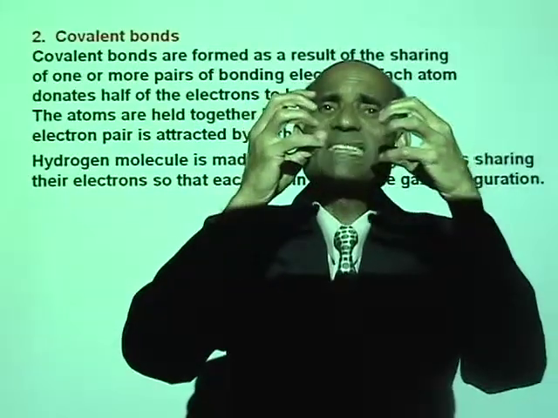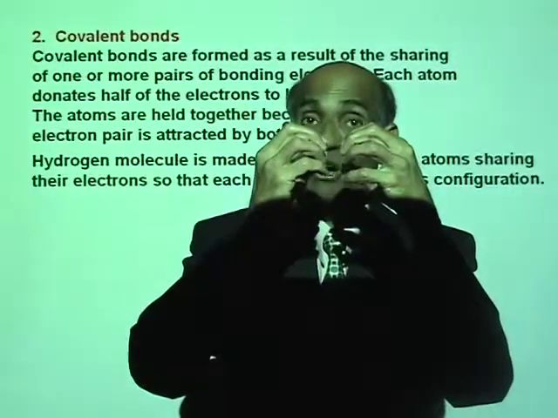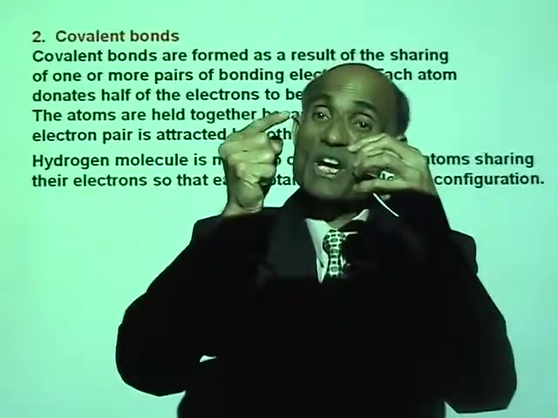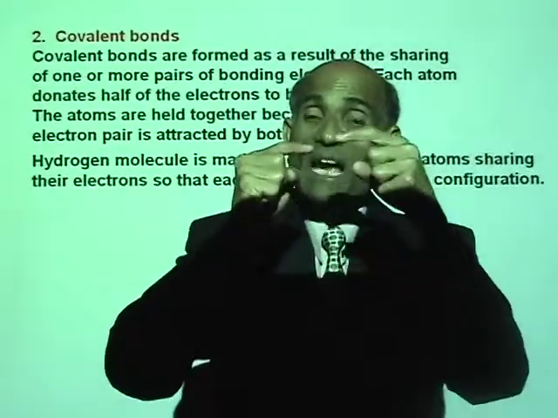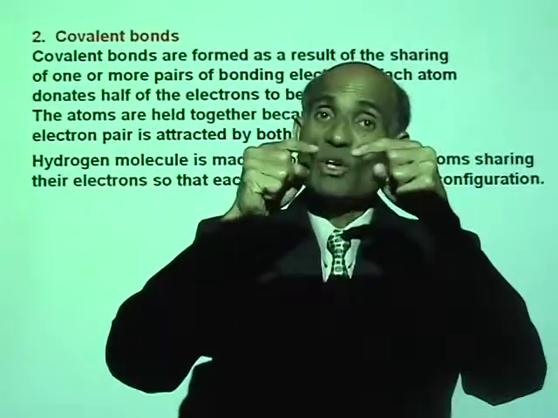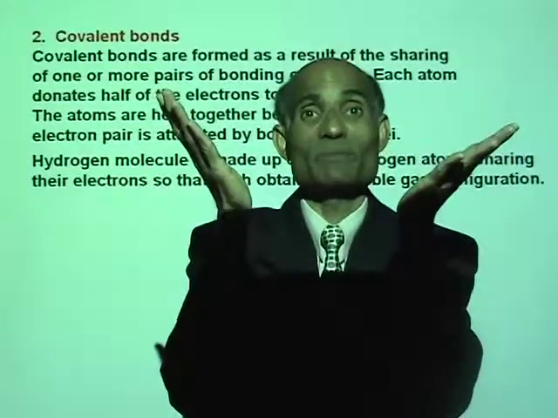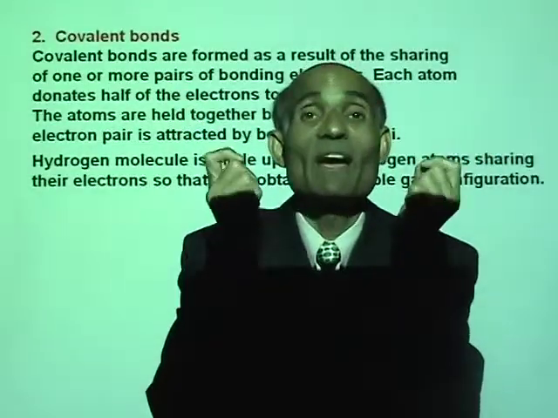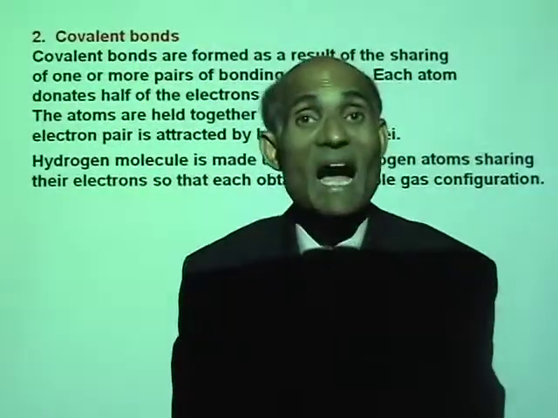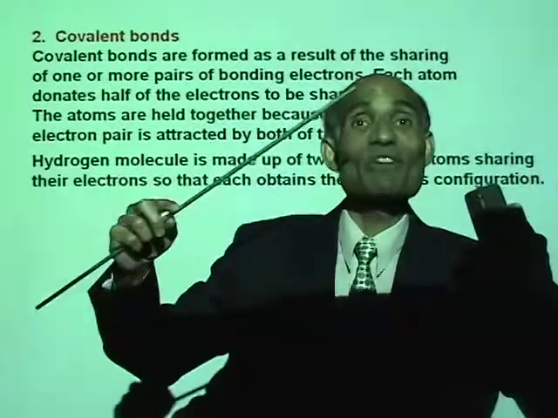Why don't we stay together until the rest of our life, so that you can share my electron, I can share your electron, I will have 2 electrons, you will have 2 electrons, both of us will be happy and we will be happy forever. There you have a hydrogen molecule, 2 hydrogen atoms coming together to share a pair of electrons.